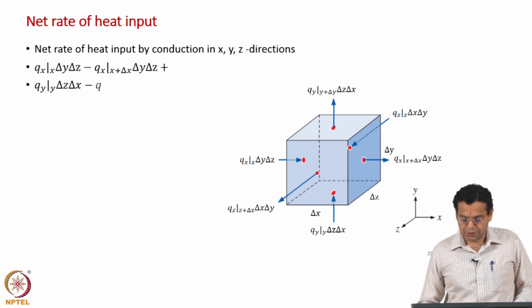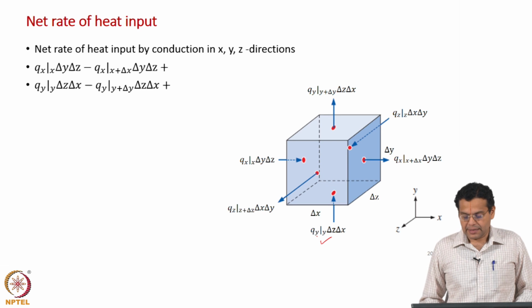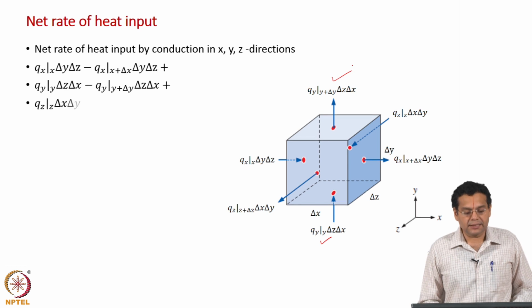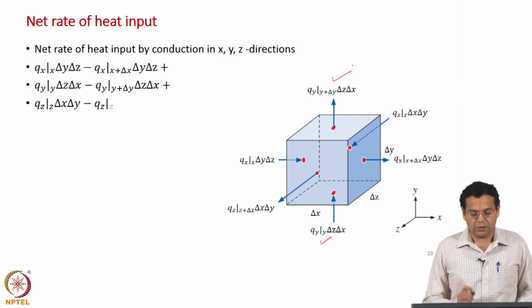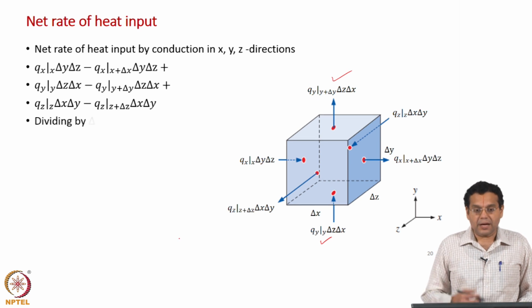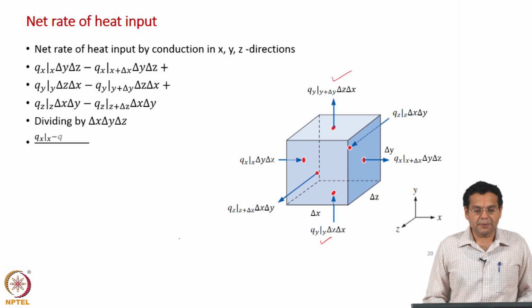So, for example, qy into delta z delta x entering at y, leaving at y plus delta y. For all the directions it is heat input minus heat output. As for the other terms on the left hand side, here also we will divide by delta x delta y delta z and keep it ready with us.